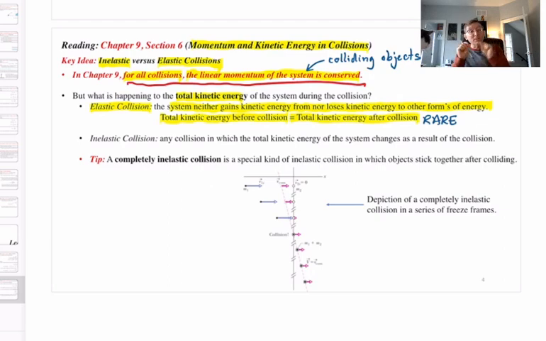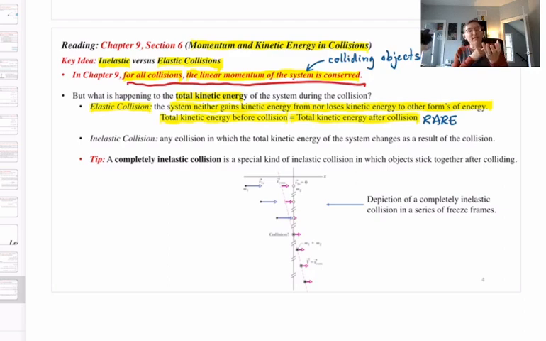You're using some of that initial kinetic energy to do work to deform the bodies, and you don't get that back as kinetic energy afterwards. That's why it's not elastic. If there's any kind of deforming of the bodies, that uses up some of the kinetic energy, then it's not elastic.